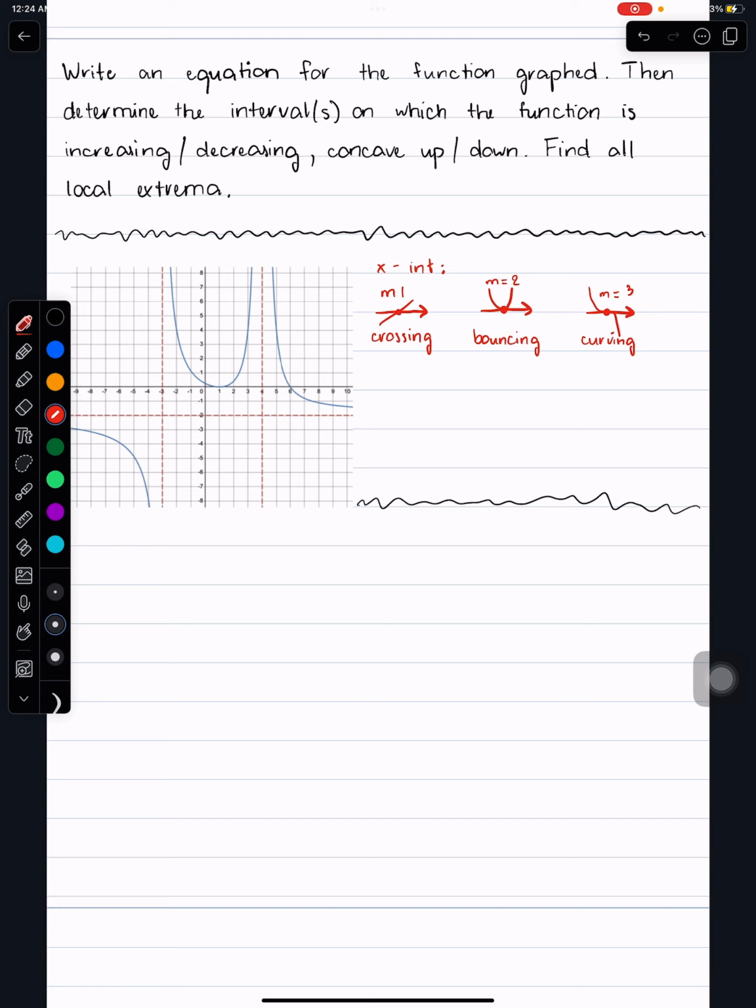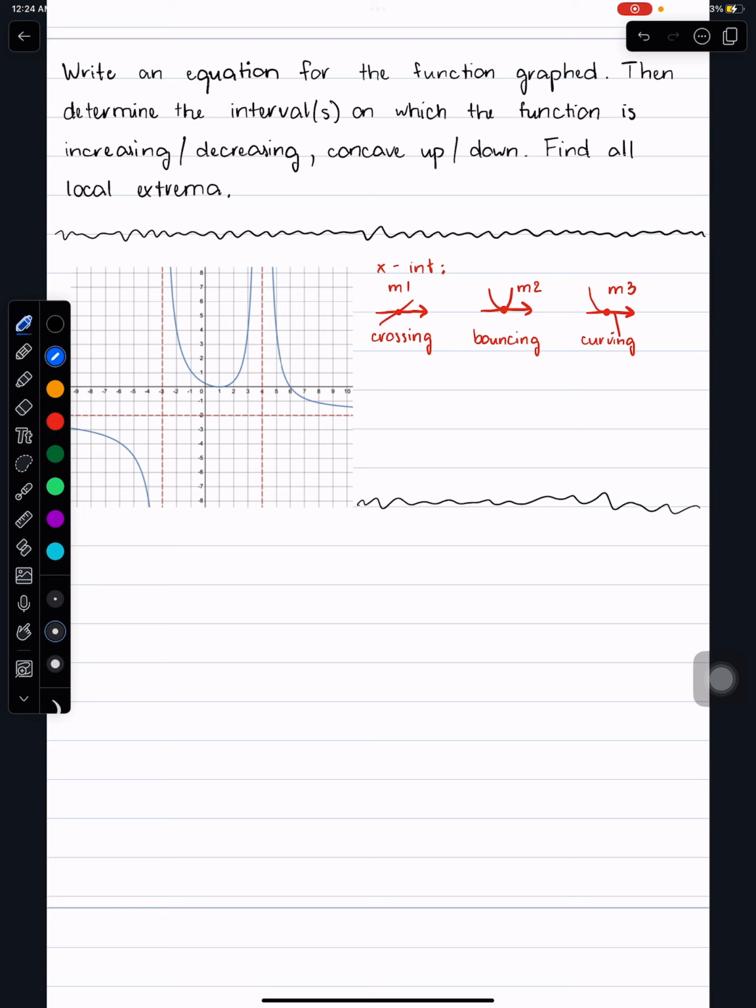That's how you know that x-intercept has multiplicity of 3. So let me use notation for this: this one M1, this one M2, and this one M3, for the multiplicity.